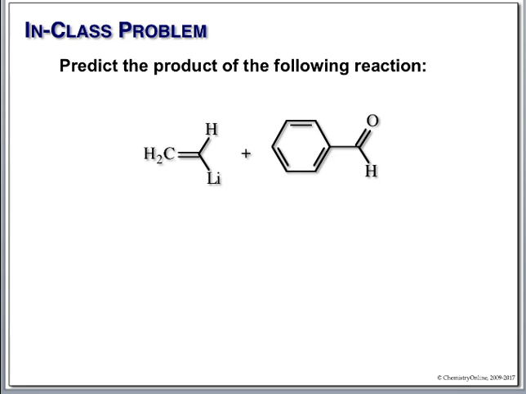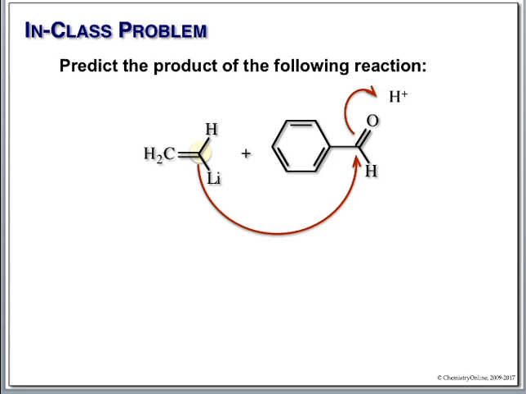In this case, what you want to simply remember is that this carbon right here, the vinyl carbon, is the carbanion. So we're going to form a bond from it to this guy. The bond's going to go from here to here. That's our carbanion. And our attack looks like that.